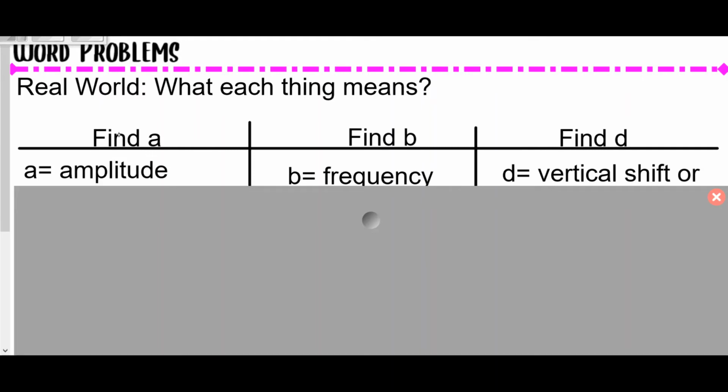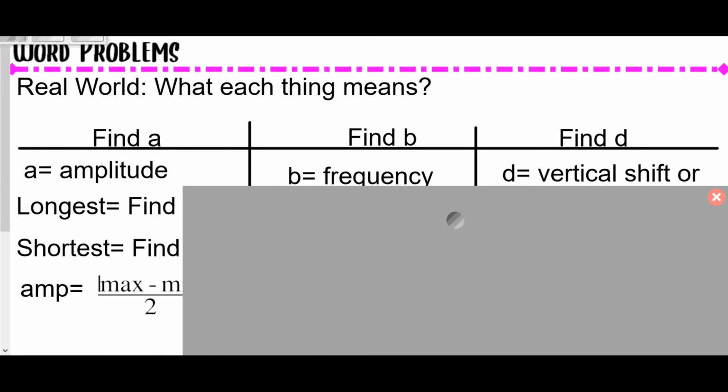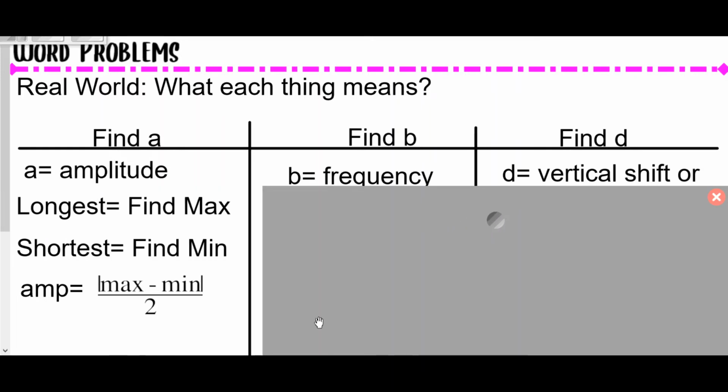So the first thing that they might ask you to do is find A. A is obviously our amplitude. In the word problem, they might say the longest or the shortest. Those are keywords: the longest is our max value and the shortest is our min value. An example would be somebody's heart rate, which follows a sine curve.